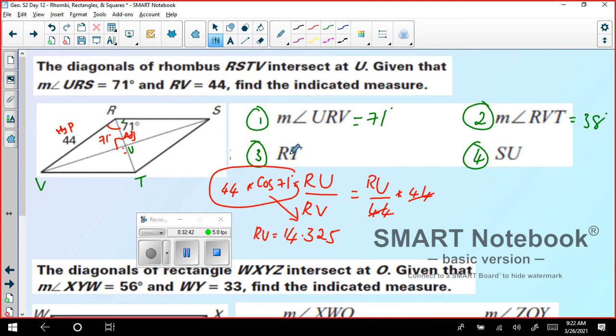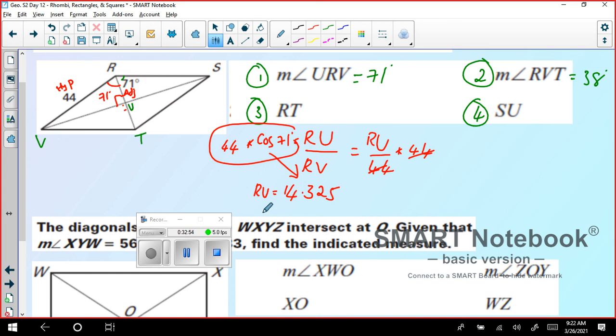Then I need RT. We know that in parallelogram the diagonals bisect each other. So RU equals UT. So RT equals twice RU. So multiply by 2, you get 28.650.